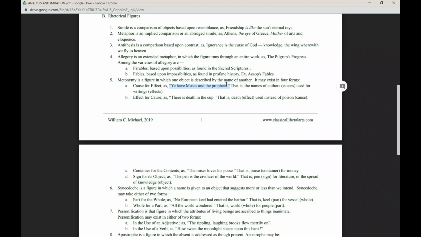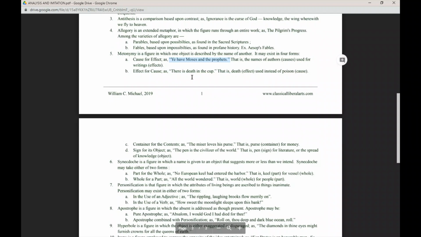He says Moses and the prophets, but what he's actually referring to are the writings of Moses and the prophets. This is an example, again, in the teaching of Jesus himself of the use of a figure of speech, the use of metonymy.